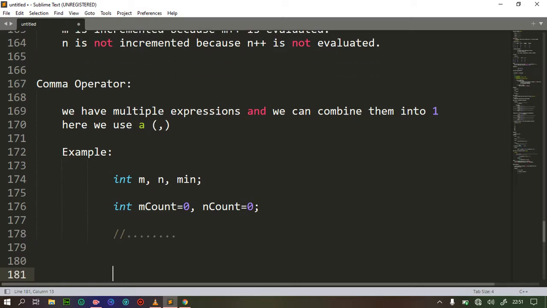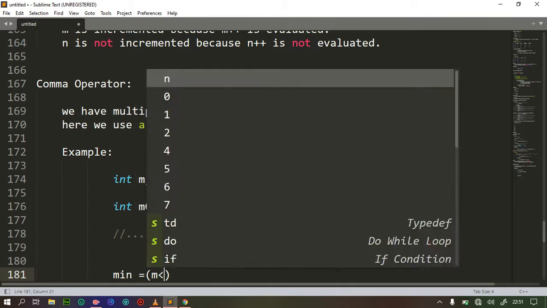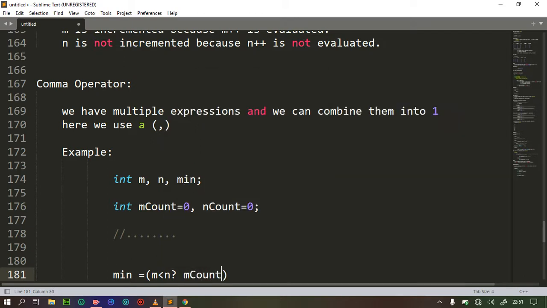If I assume it was a working program, then I can say min. This is where I'm using the comma now. I'm checking if m is less than n, and I'm using a conditional operator. Then what is going to happen? If it's true, then I'll affect the value of m count, that is a post increment.